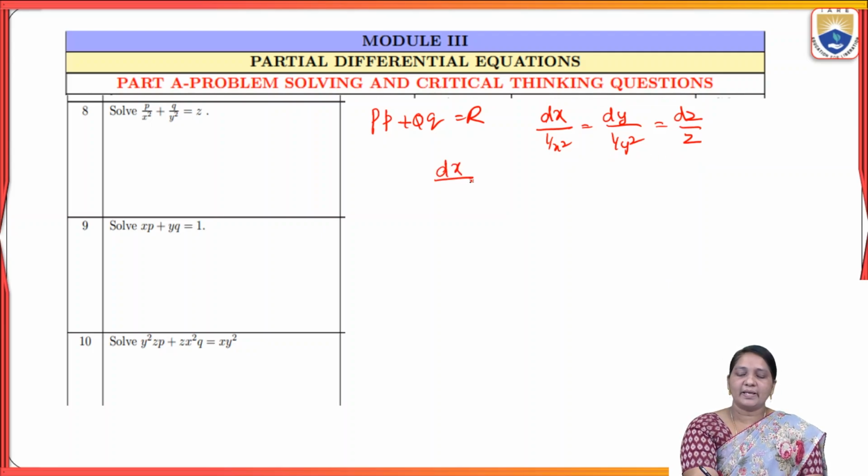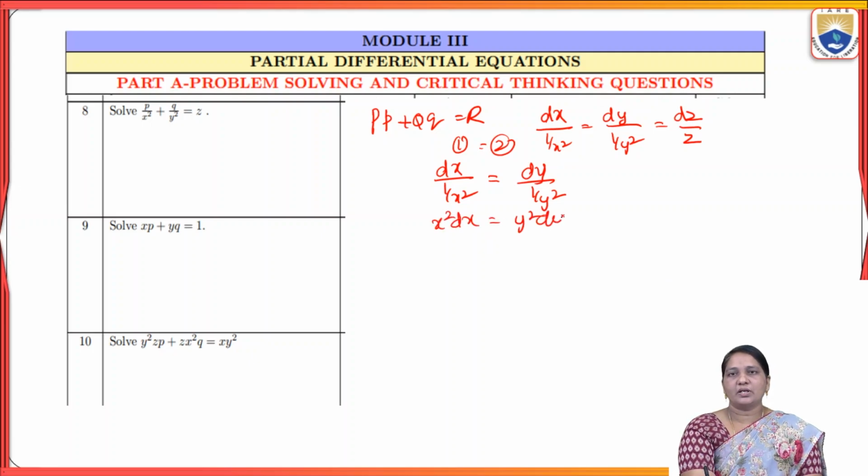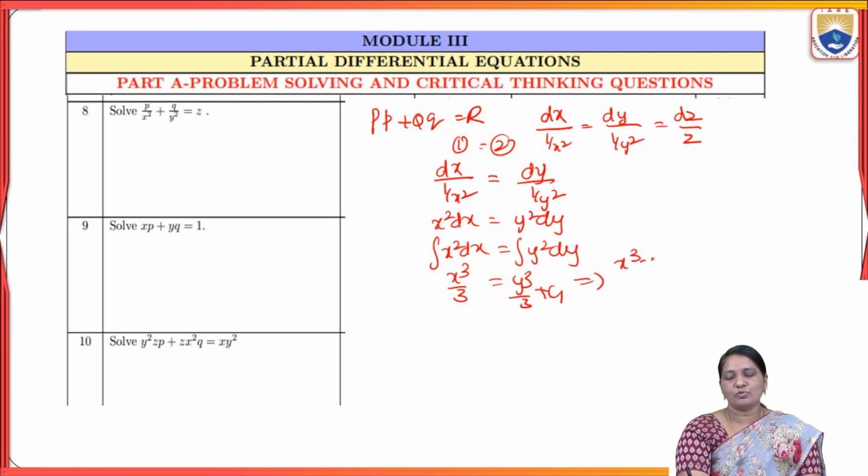First I select 1 equal to 2: dx by 1 by x square equal to dy by 1 by y square. When multiplying, x square dx becomes y square dy. Now integrating, integral x square dx equal to integral y square dy. This is x cube by 3 equal to y cube by 3 plus c1. So finally our solution is x cube minus y cube equal to c1.